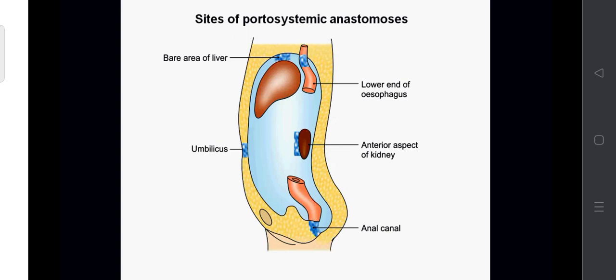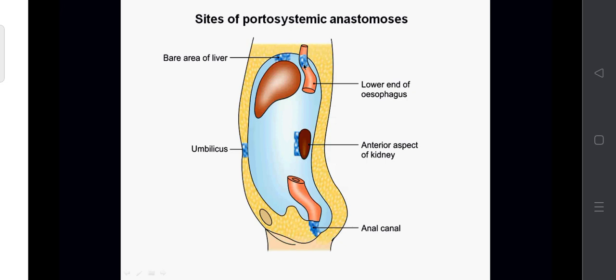Now, sites of portosystemic anastomosis. The portal vein tributaries anastomose with the tributaries of superior and inferior vena cava at certain sites. These are called the portosystemic anastomosis. The tributaries of portal vein and tributaries of systemic veins, that is the superior and inferior vena cava. Here, umbilicus is a site of portosystemic anastomosis.